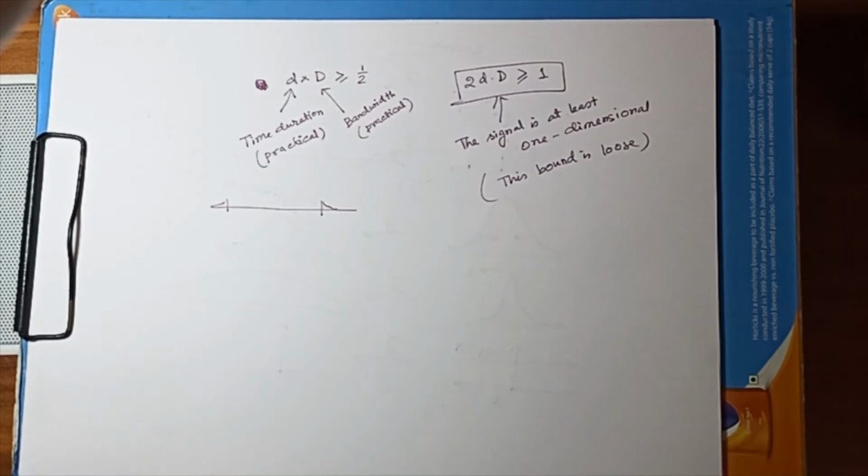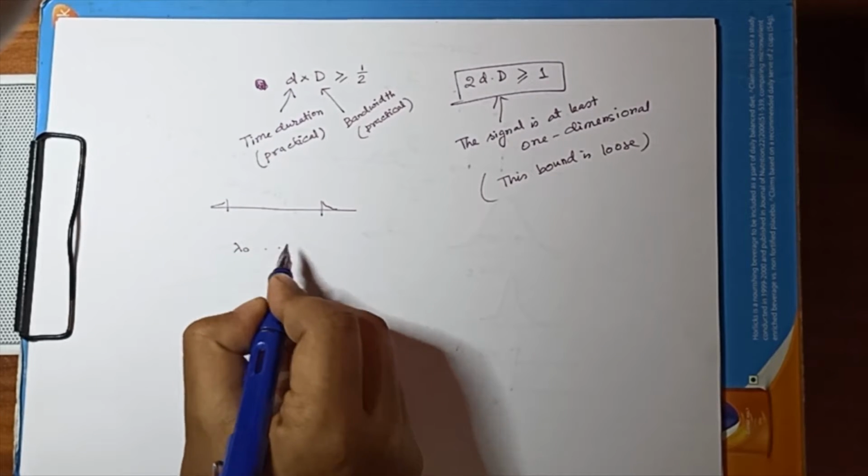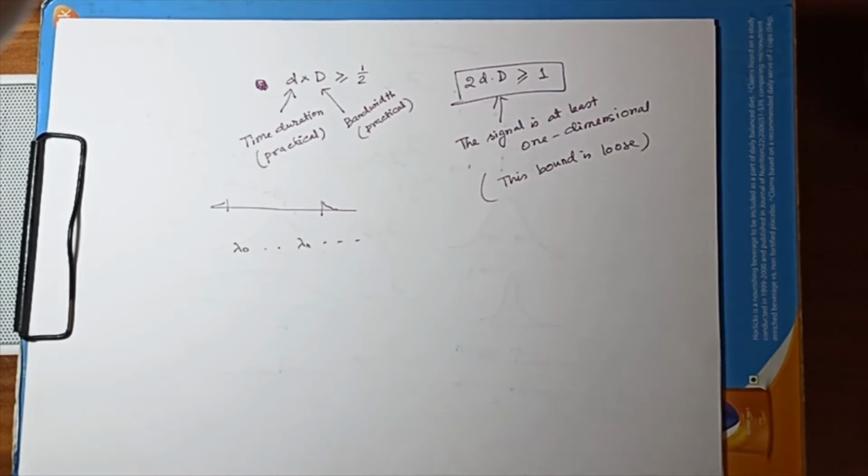So in this second paper on prolate spheroidal wave functions, they developed some methodology to have stricter bounds, and basically they used the so-called eigenvalues of those prolate spheroidal wave functions, those eigenvalues lambda 0 to lambda n and so on. Using them, they put some nicer bounds on the spread of the signal energy in time and frequency.